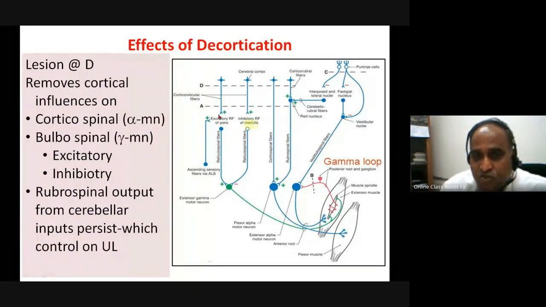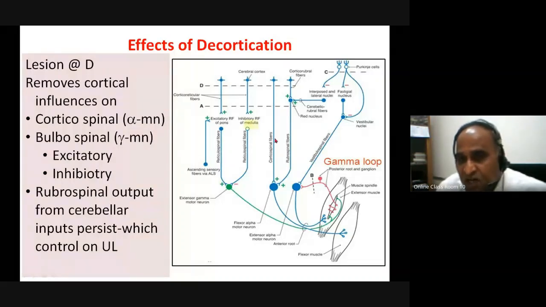The balance is two plus, and that means this plus and this plus are lost. One plus still remains. That means it is excitatory. So this plus is for a minus. There is no minus here, and this is not balanced, and it is exaggerated: increased gamma motor neuron activity.